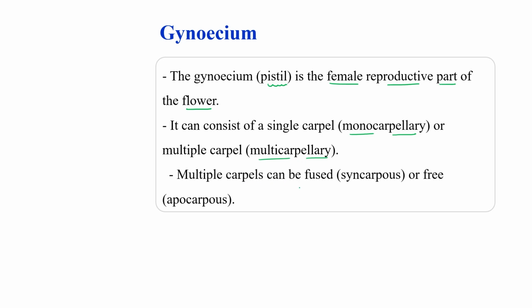Multiple carpels can be fused together and form syncarpous, or if the multiple carpels are free, we use the term apocarpous.